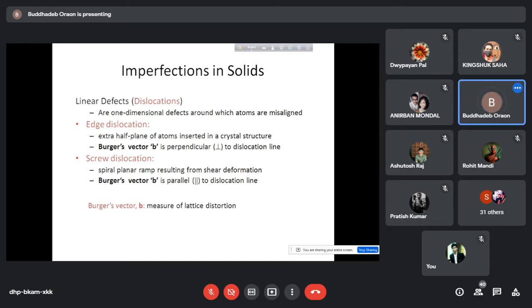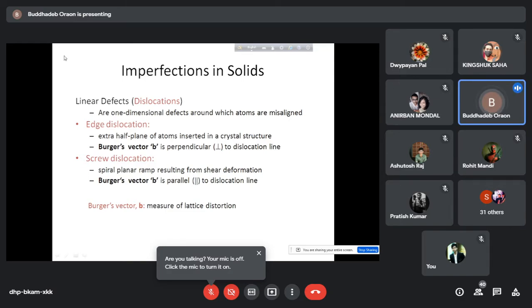So let us see what the different types of linear defects or dislocations are. These are one-dimensional defects around which atoms are misaligned, and they have two different types. One is called the edge dislocation and another one is called the screw dislocation.